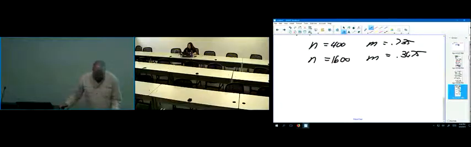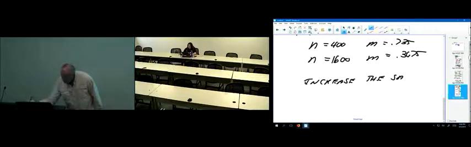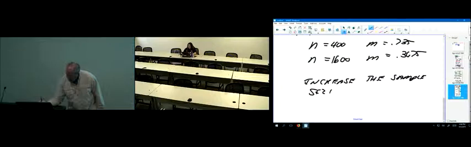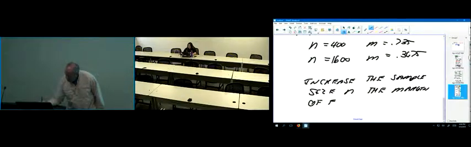It says, how does increasing the sample size change the margin of error of a confidence interval with the confidence level and population standard deviation the same? If you increase sample size n, the margin of error m does what?